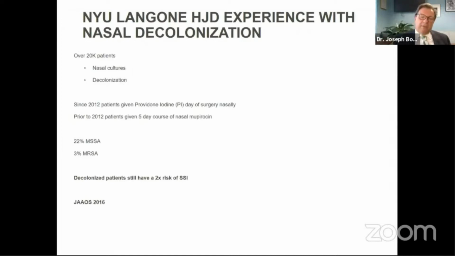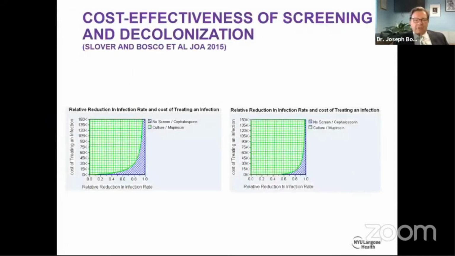So there must be something about the hosts and their immune response and their ability to fight off infection that allows them to get colonized in the first place. We did find that our patients that were decolonized had a lower infection rate than the general public, but certainly not lower if they were never colonized at all. So, which is important. And it was cost effective.